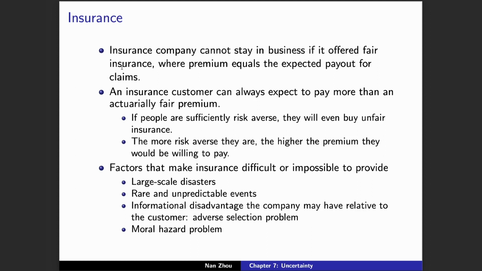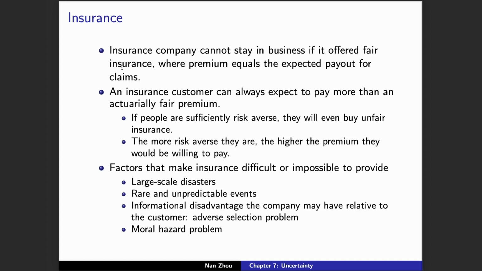There's a number of factors that significantly complicate the issue of insurance pricing. For one, insurance policies typically rely on pooling large numbers of insurees, taking advantage of the law of large numbers to make sure that the actual incidence of loss is going to closely match the estimated probability.